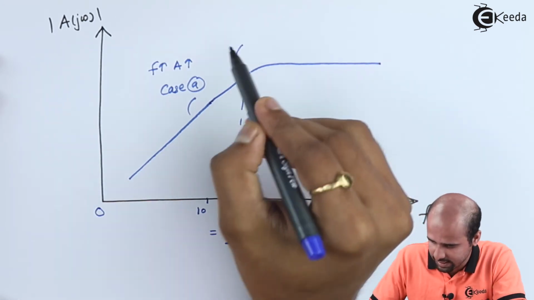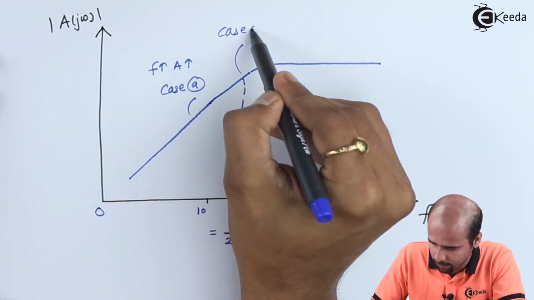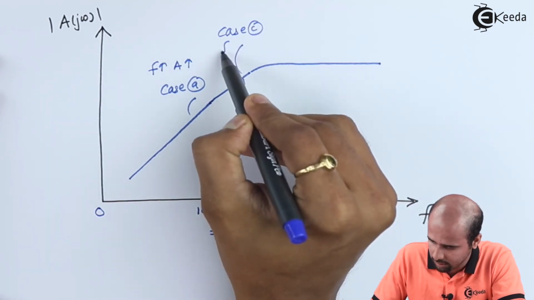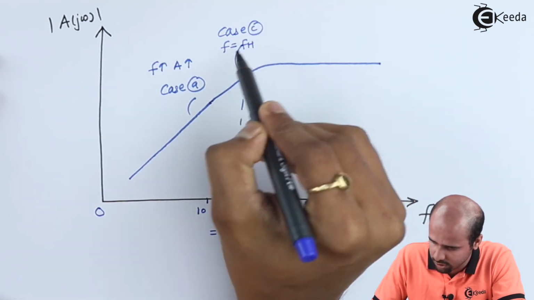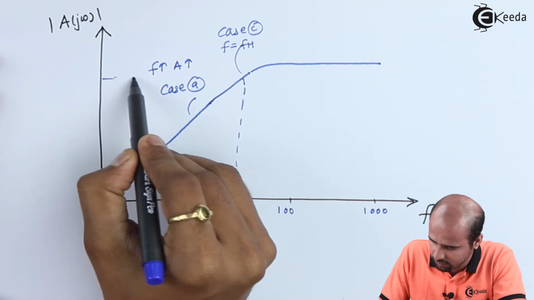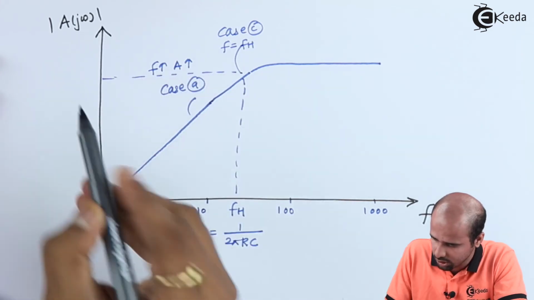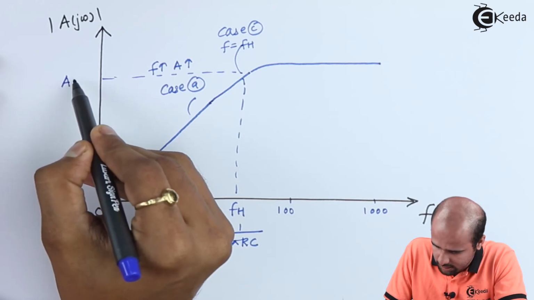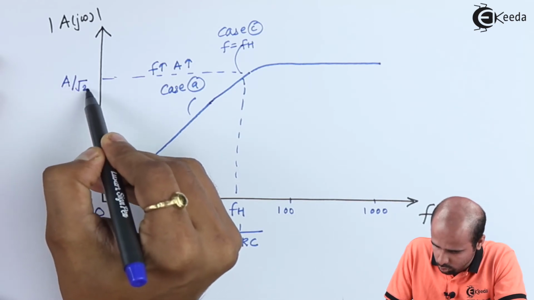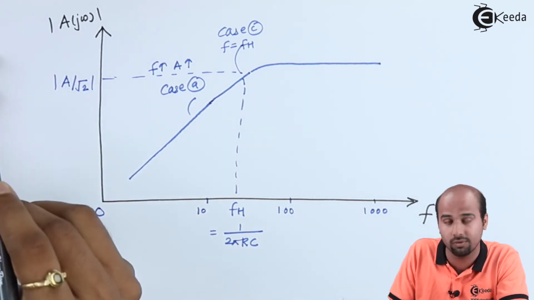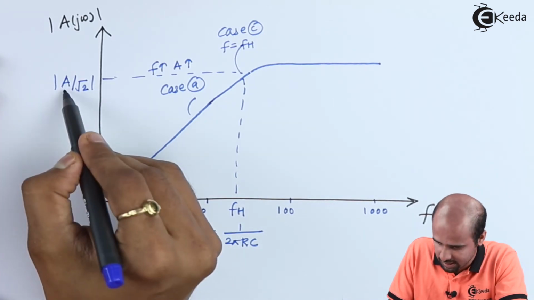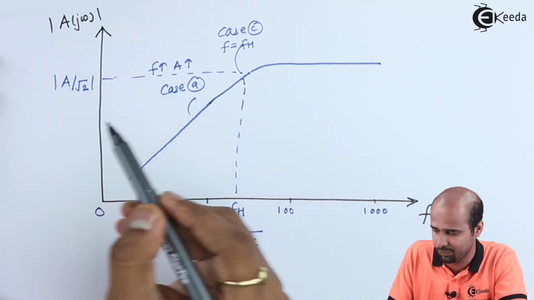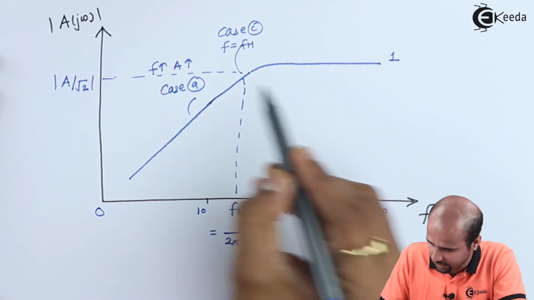So this is case number C, where F is equal to FH, and we will take this projection on the y-axis such that the value is A divided by root 2, and here the value of A, that is AM, is 1.